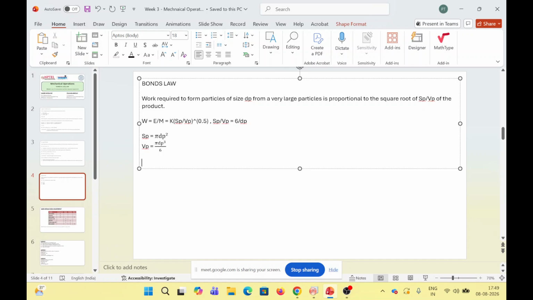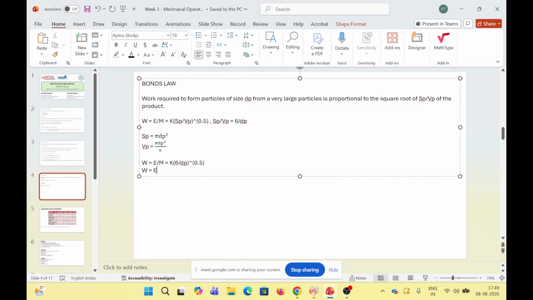So now if you rewrite this expression, the work done, which is energy by mass, is k times (6 by dp) whole power 0.5. Now you remove the 6 out of the square root.